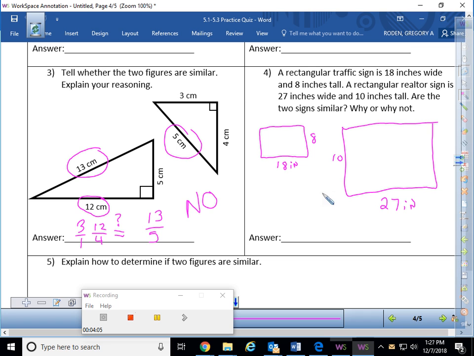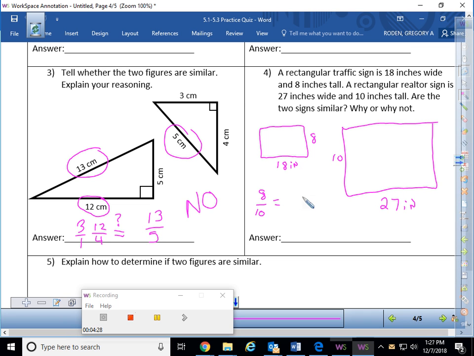Are the two signs similar? Well, same deal. We know they're rectangles, so their angles are correspondingly equal to each other. But now let's look at their sides. Well, let's see here. I'm going to choose 8. And what corresponds with 8 on the big one over here? Well, yeah, you guessed it. That's 10.